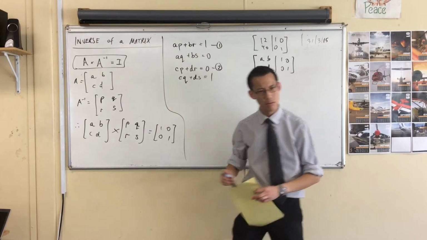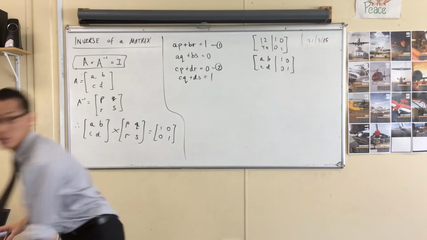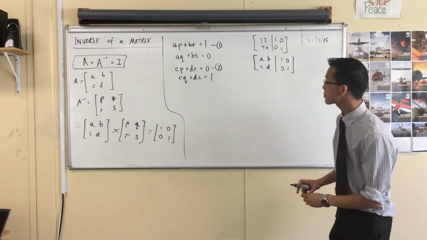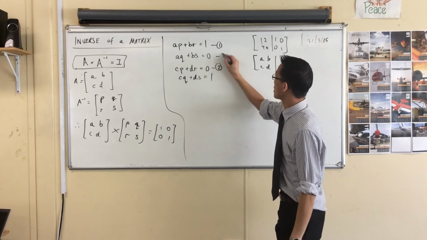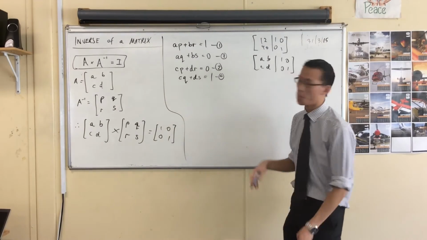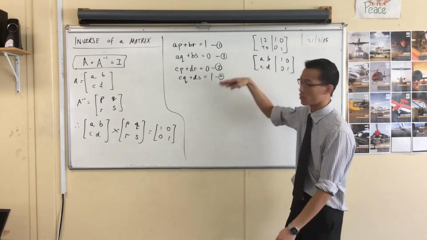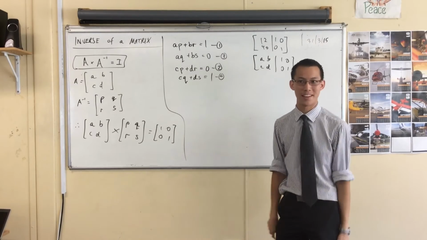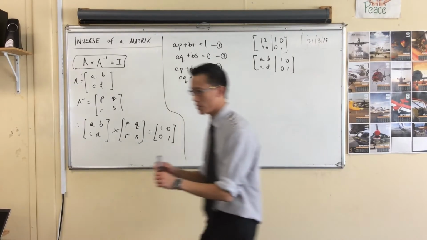That's just 2 equations with 2 variables. Does that make sense? Accordingly, I'll call these 3 and 4, but what I do with 1 and 2 will be exactly the same as what I do with 3 and 4 because it's literally the same thing with different letters. So now focusing on these 2.